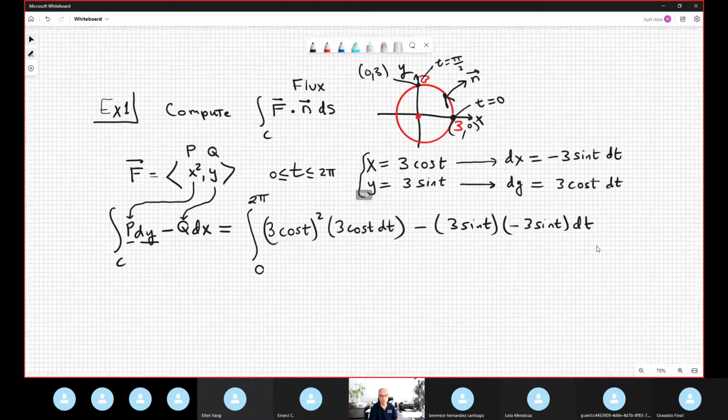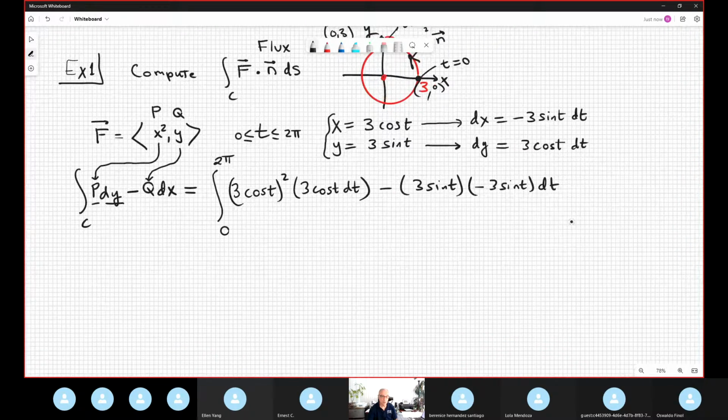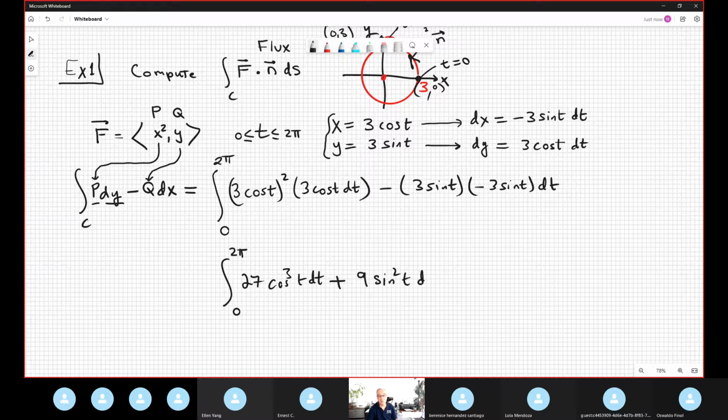Now we have the integral from 0 to 2 pi of 27 cosine cubed t dt, because 3 squared is 9, times 3 is 27. Plus, because we have a double minus, 9 sine squared t dt.